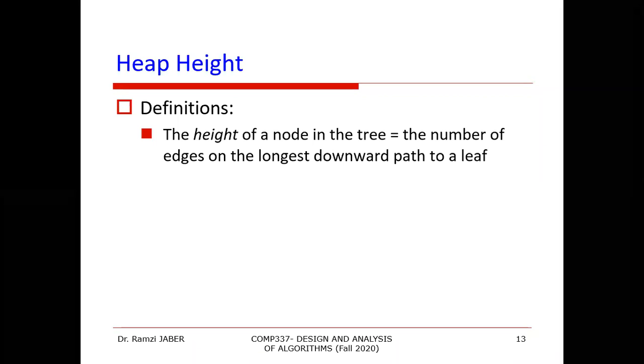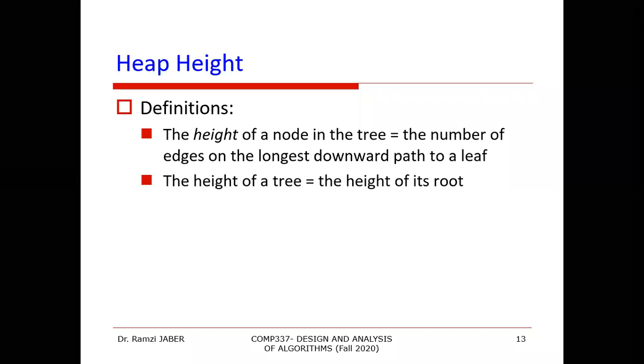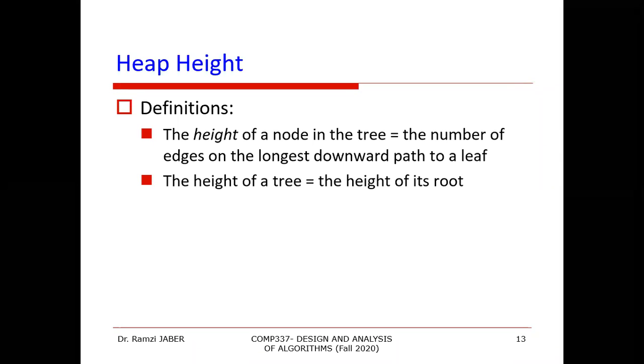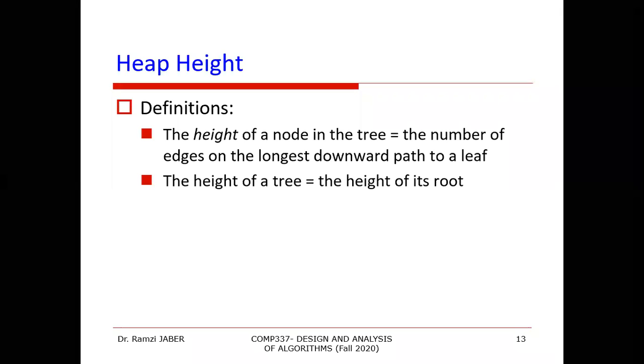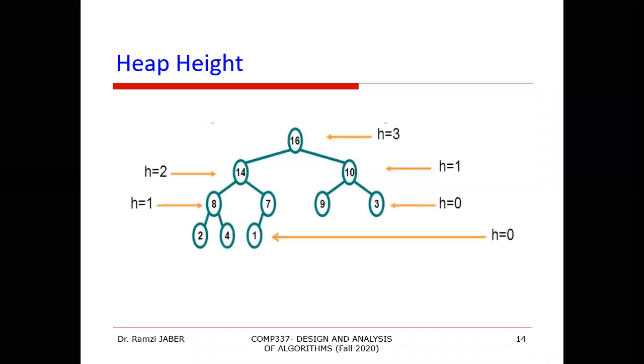So it is the number of edges from the bottom to the node. The height of a tree is the height of its root. From the bottom till the first node, the root node. Okay? Example.